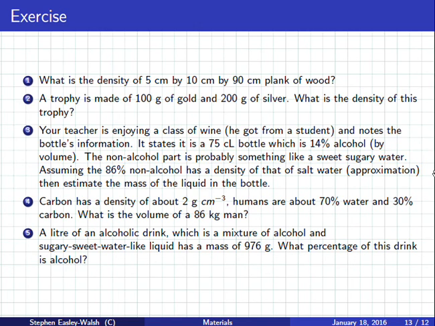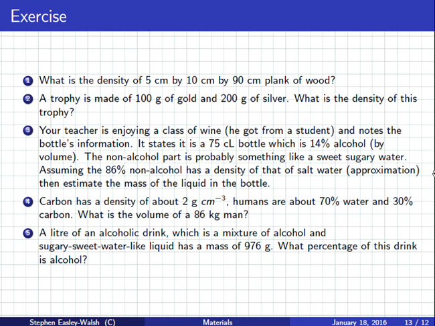The density of the mixture would be the mass of the mixture divided by the volume of the mixture. So if you had 10 grams of nickel with 1 gram of silver, what's the total mass? 0.011 kilograms, divided by the volume of the nickel plus the volume of the silver.